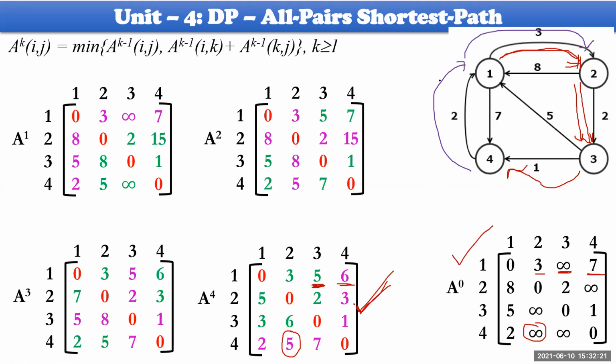So 2 plus 3, that is a total of 5. Likewise, you could traverse from one vertex to all other vertices so that you could get A power 4, the shortest paths in between all vertices. In this way, you have to identify.